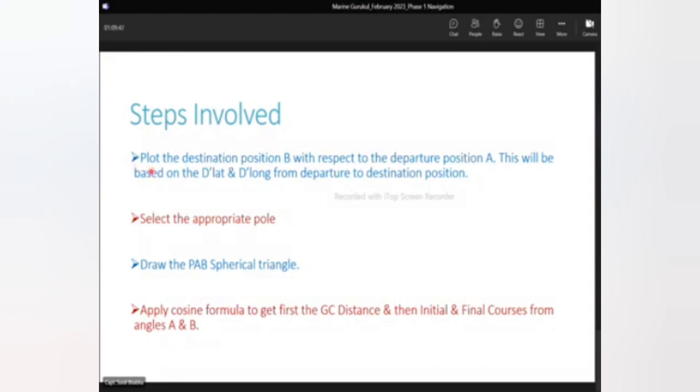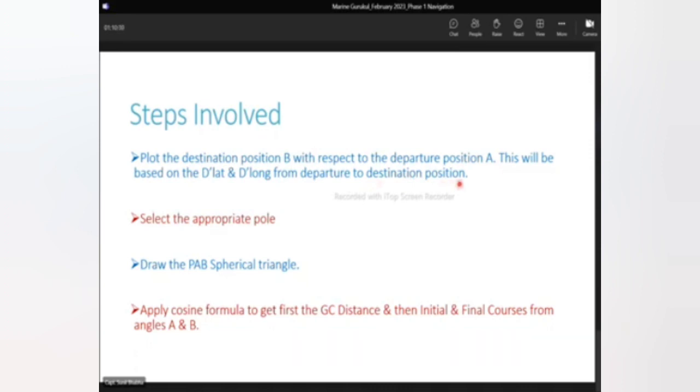Now the first step involves plotting the destination position Bravo with respect to the initial position or the departure position Alpha. This will be based on the difference of latitude and the difference of longitude from the initial position to the final position.